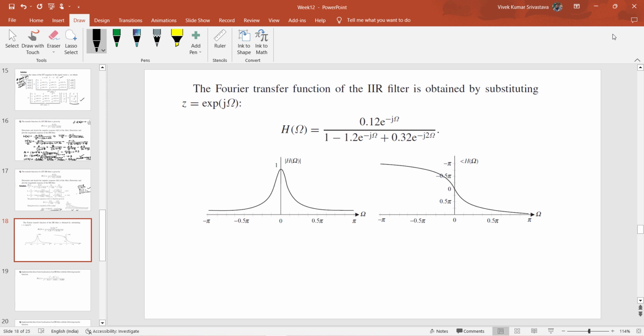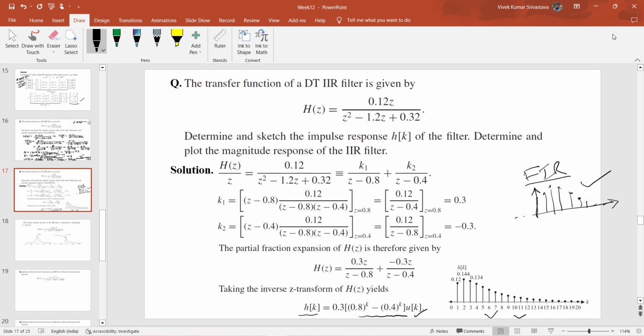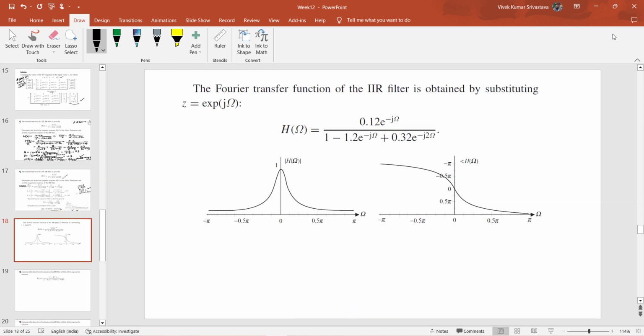Now you can also plot the magnitude and phase response of this IIR filter. Here h of z is given to us in the problem itself. To determine the magnitude and phase response, we have to use the relationship between z and the Fourier transform, which represents the relation of z with omega.